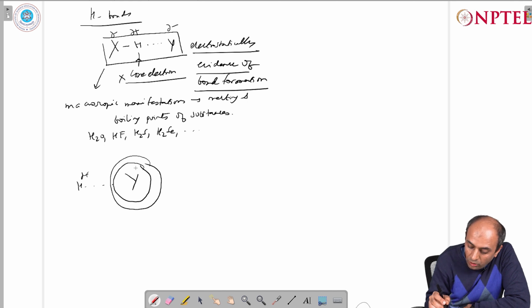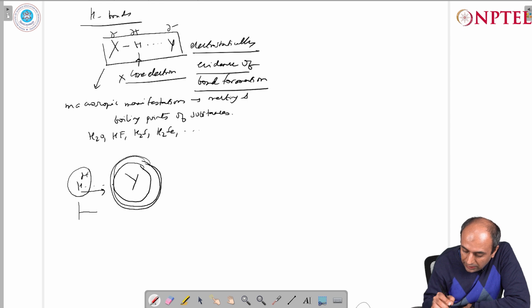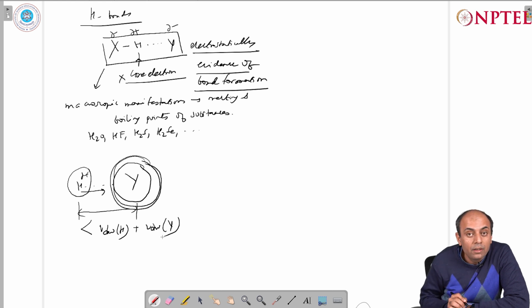It is able to actually deform the electron density cloud of this Y atom because of the positive charge associated with it. So there is some kind of polarization of the electron density at the acceptor end, and the hydrogen atom is able to penetrate into the region of the acceptor such that the hydrogen acceptor distance is much smaller than the sum of the van der Waals radius of hydrogen plus the van der Waals radius of the acceptor. So if you take the sum of the van der Waals radius of hydrogen plus that of the acceptor Y, this distance d is much smaller than this particular sum.